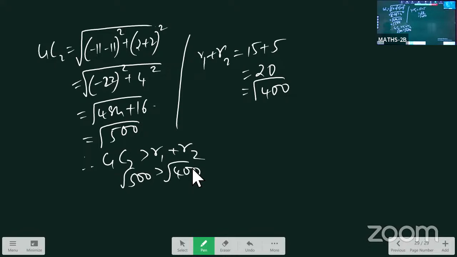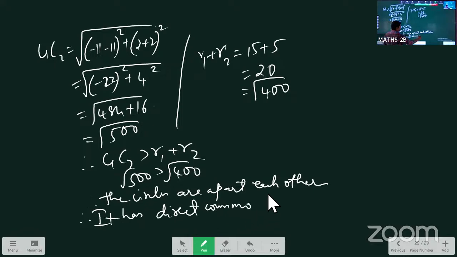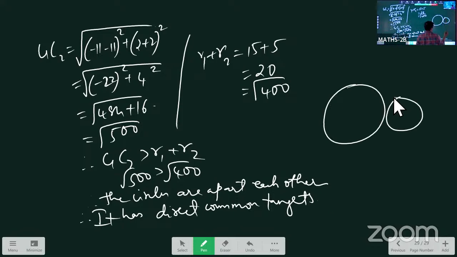Root 500 is greater than root 400. Therefore, the circles are apart from each other. They neither intersect, they don't touch also. C1 C2 greater than R1 plus R2. If they are apart from each other, therefore it has direct common tangents. Just now, I showed the figure. Okay, they are apart from each other.